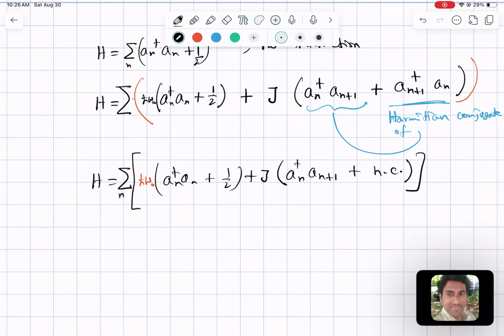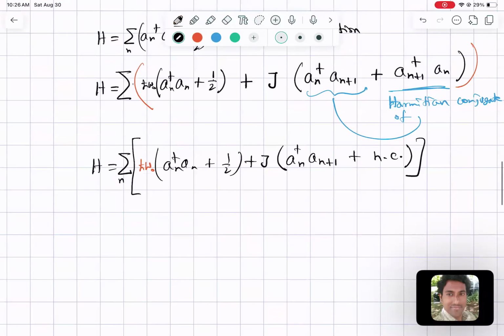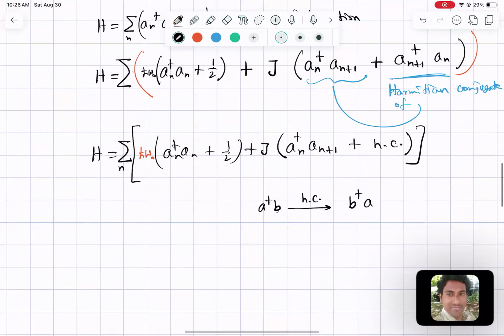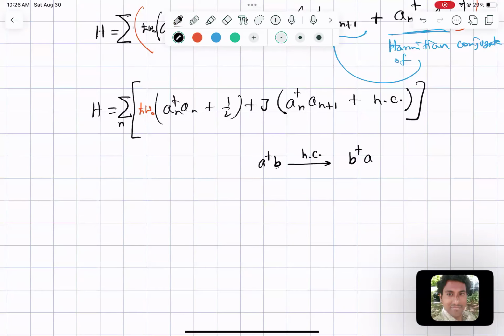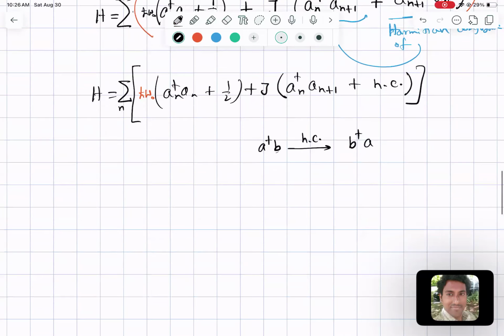All right, so what is the Hermitian conjugate? If you have a dagger b and you take a Hermitian conjugate, then that becomes b dagger a, right? Hermitian conjugate is basically you take a transpose and complex conjugate.